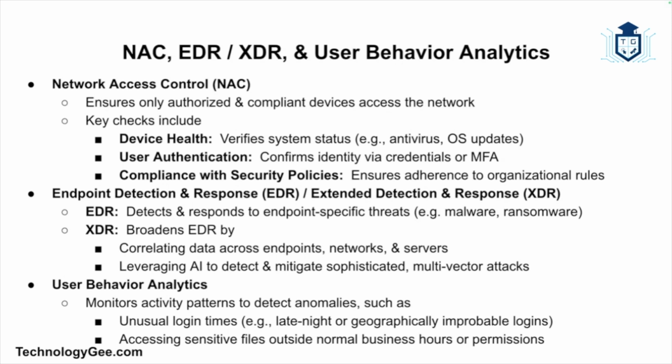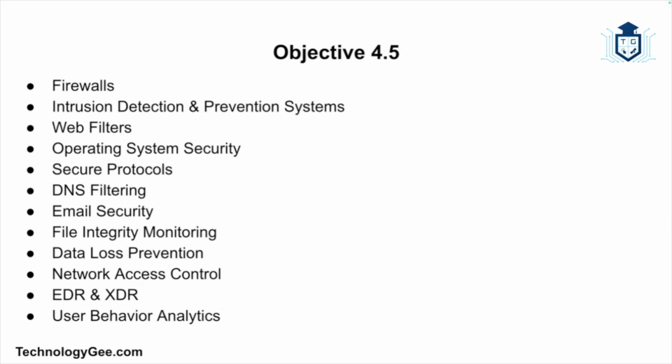And then we have what is called user behavior analytics. So user behavior analytics tools monitor activity patterns, detecting anomalies like unusual login times and accessing sensitive files outside of normal hours.